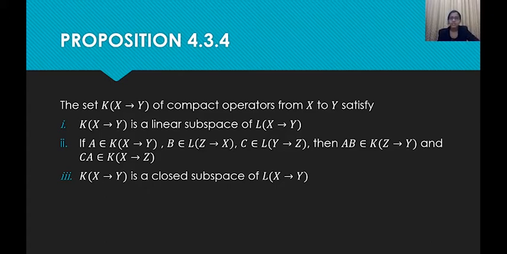So let's see the proof of this proposition step by step. The first one is we need to show that the set of compact operators forms a linear space.